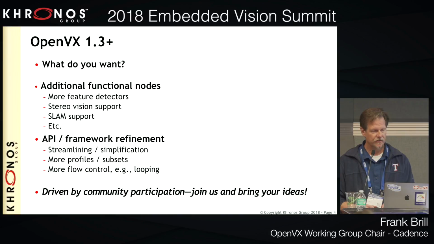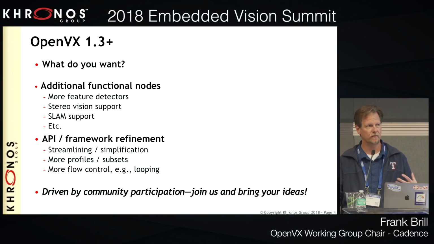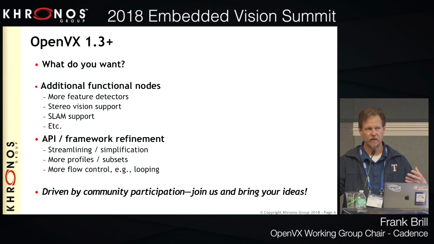And then for 1.3 plus, it could be 1.3, it could be 2.0, or it could be 1.4. Really there are a lot of things that have been discussed in the working group, and we're getting feedback from the community, from users, potential users, developers. What is it that's missing?